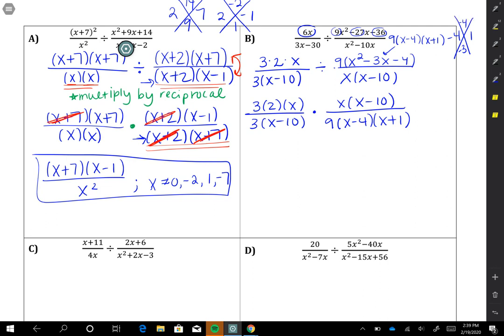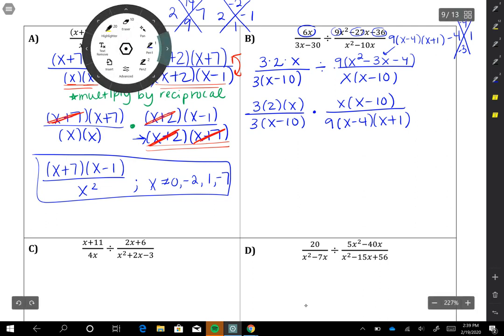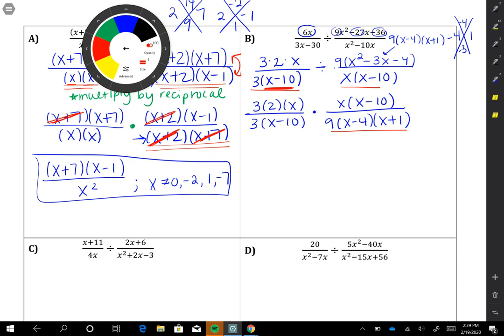Okay, let's talk about excluded values. In our original, we had these denominators, and now we have this denominator. In the first denominator right here, x minus 10 is my only variable factor, so that gives me the excluded value of positive 10. X cannot equal positive 10.